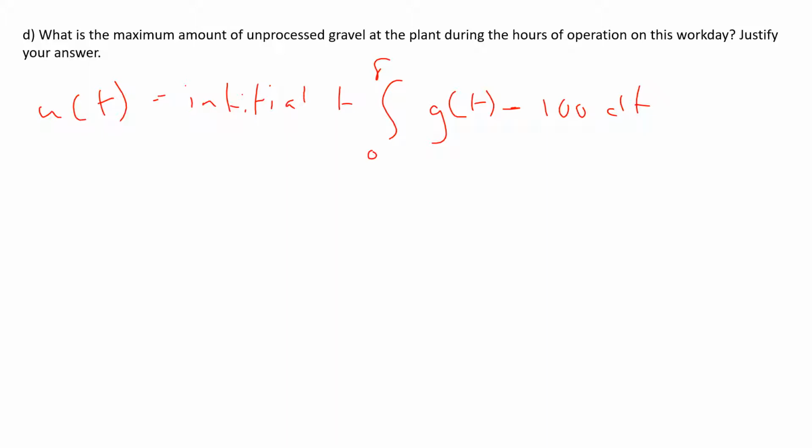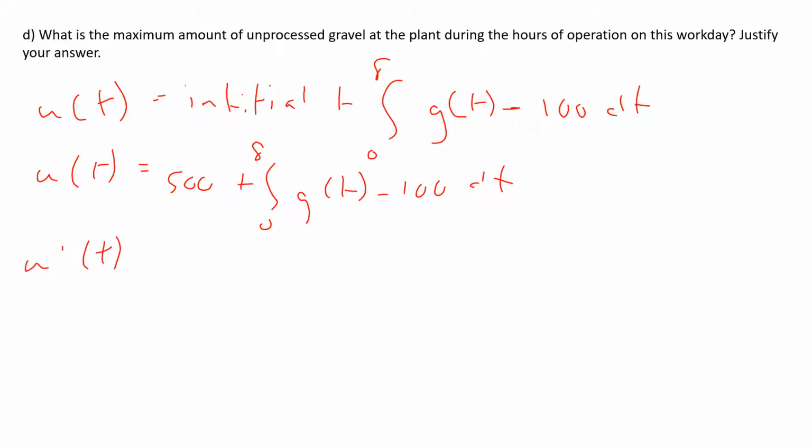You'll notice that the equation U of t, 500 plus the integral of G of t dt minus 100 dt, kind of looks like a second fundamental theorem problem, and it is. If I take U prime of t, I'd just be getting G of t minus 100. And that's pretty convenient for us, right?